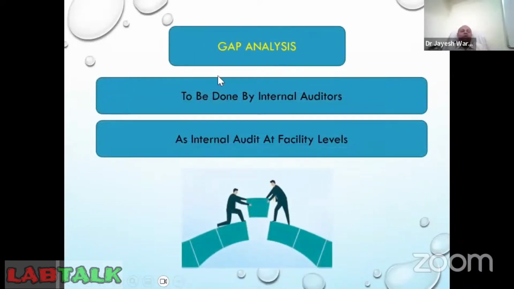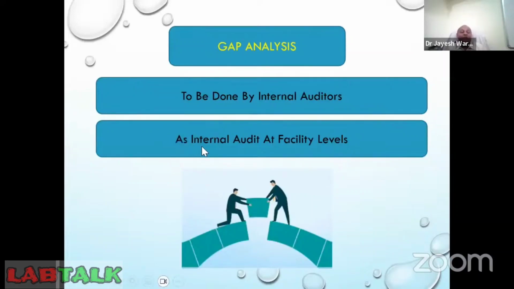Now, who will perform this gap analysis? It is to be done by an internal auditor. As I have mentioned, there is a document called ISO 19011, which is about auditing of management systems. Those persons who have knowledge about auditing of management systems, or who are trained in internal auditing, must perform the internal audits with respect to the gap analysis.